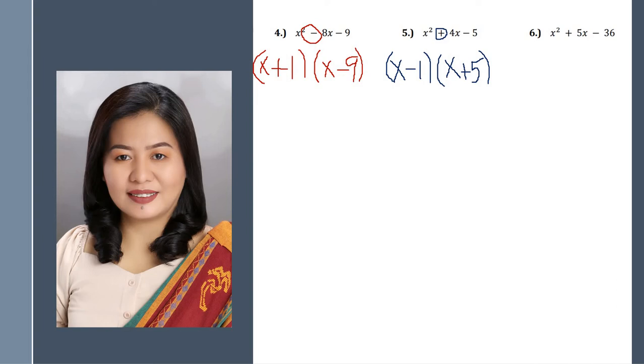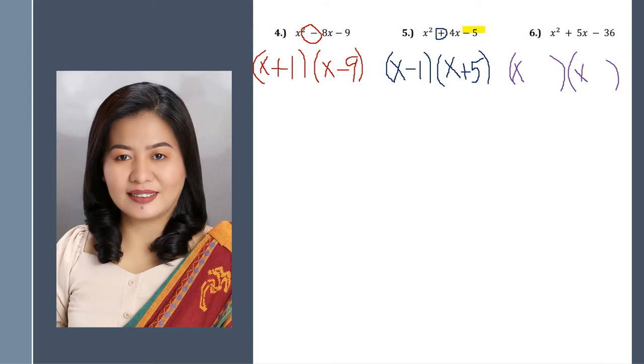Okay, so these ones are a bit easier because the last term of number 5 is a prime number. Moving on to number 6. So we write x and x as our first factors.